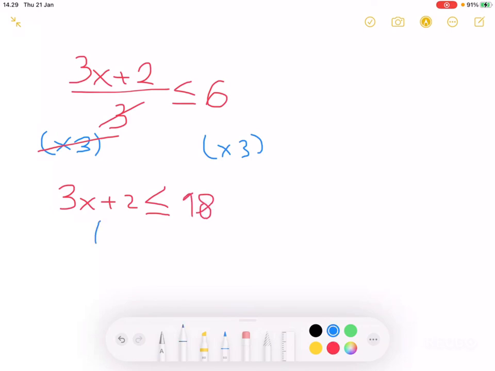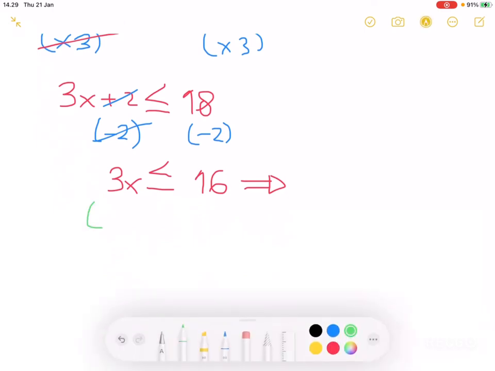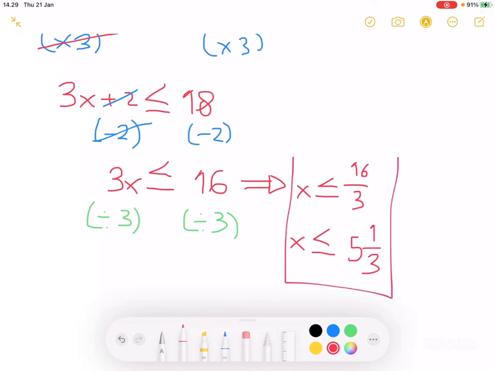Then we subtract 2 from both sides, and I have 3x is less than or equal to 16. Then we divide both sides by 3, and we're left with x is less than or equal to 16 over 3, or we can simplify this into a mixed fraction, 5 1/3. These are the answers.